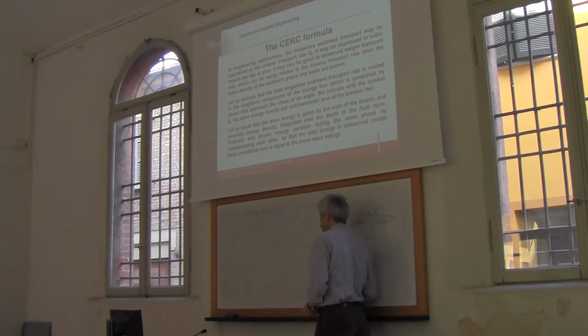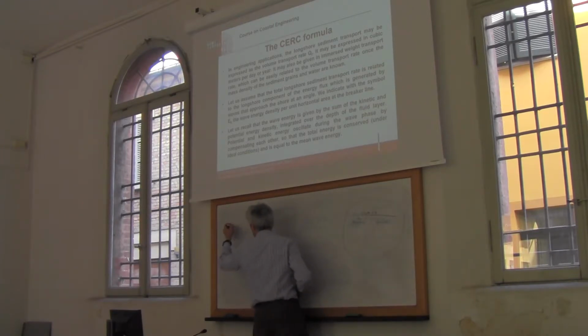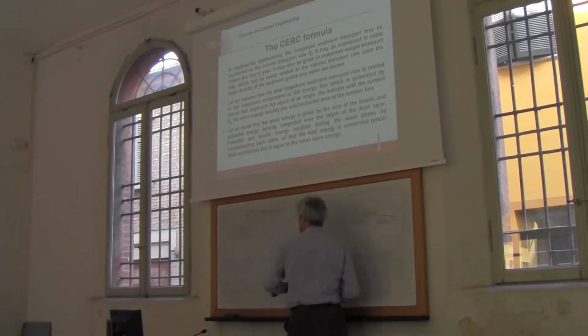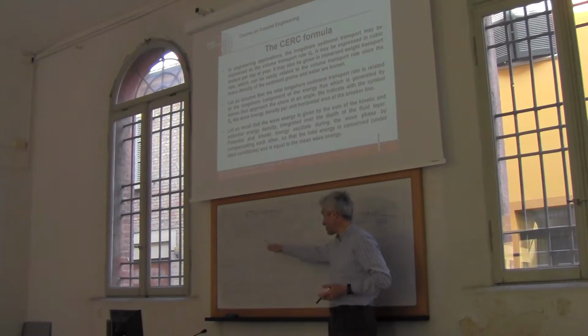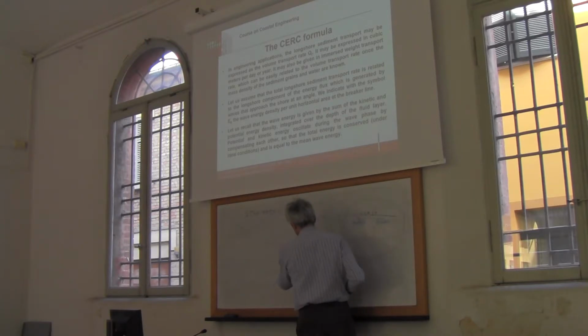If it is not, what we usually do is to split it in small pieces in order to approximate the coast with a sequence of rectilinear segments. Now, for simplicity, let me assume that this is a straight line, okay? And then we have a dominant wave direction that is approaching.